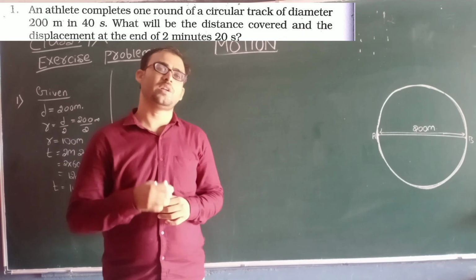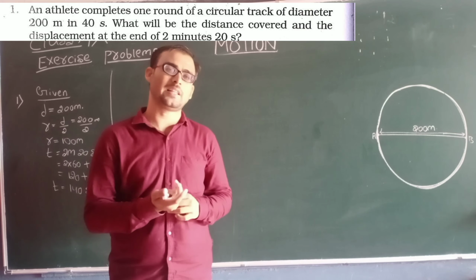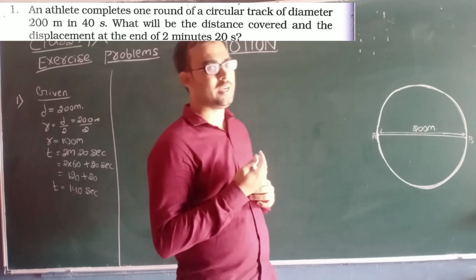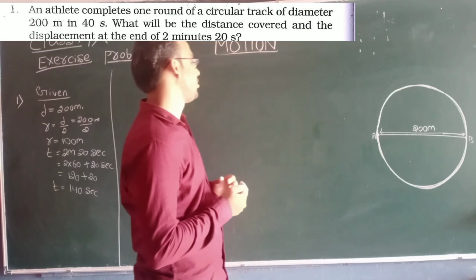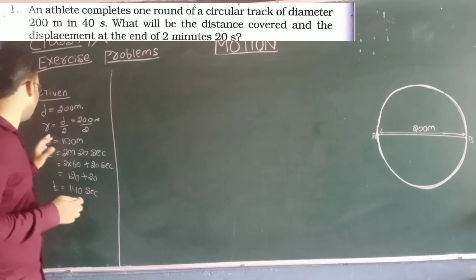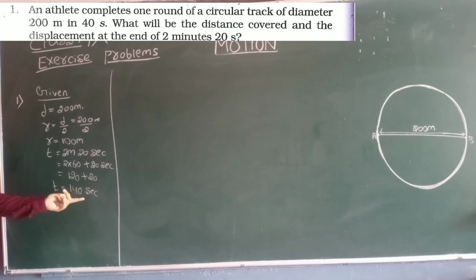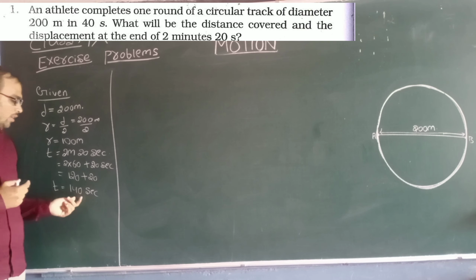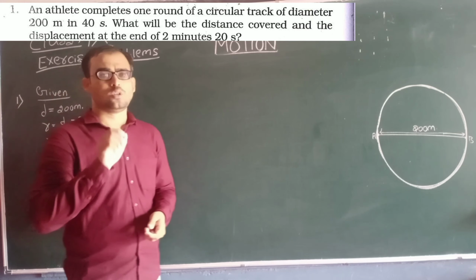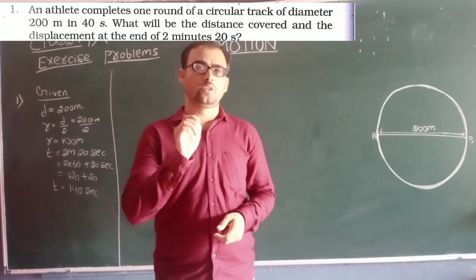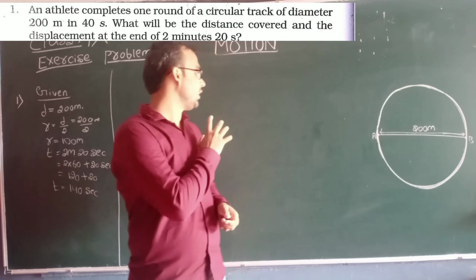Now students, we shall find the displacement of the athlete in 2 minutes 20 seconds. So what is the total time here? 140 seconds. Students, do you remember what they have given?